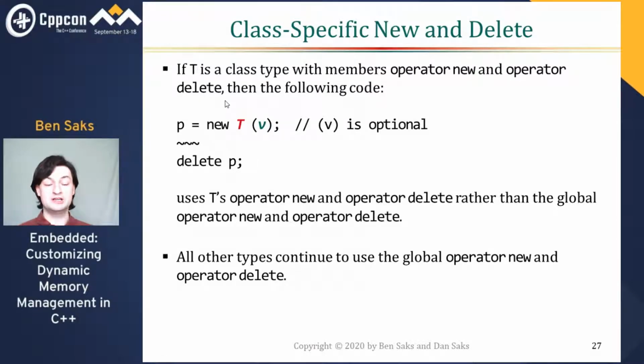If it is, use the class-specific versions of new and delete rather than the global versions. For all other types that don't have class-specific new and delete operators, just use the global ones. The rest of it's unaffected. Okay.